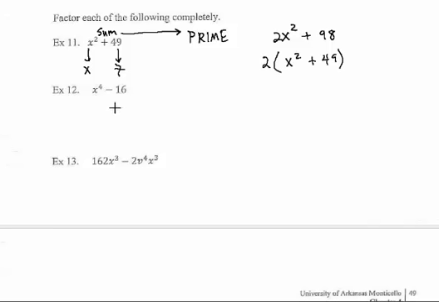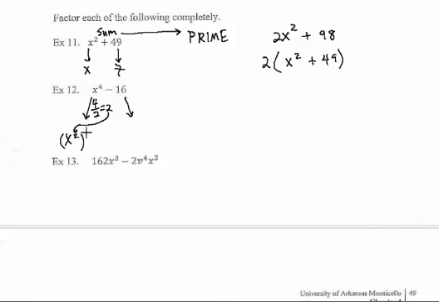Okay. So that brings us to example 12, and what we have here is an x to the fourth, and 4 is divisible by 2 evenly. 4 divided by 2 is 2. So we get an x squared as our square root.